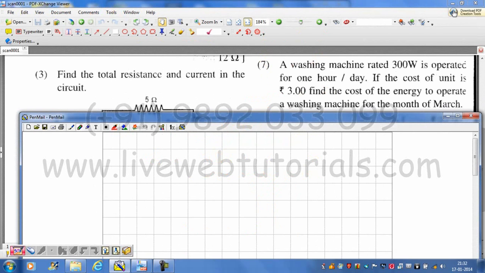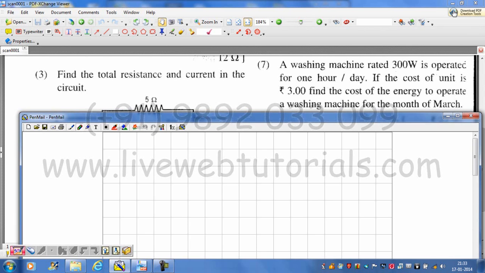Now sum number 7. A washing machine rated 300 watts is operated for 1 hour per day. If the cost of unit is rupees 3, find the cost of energy to operate a washing machine for the month of March. Okay.